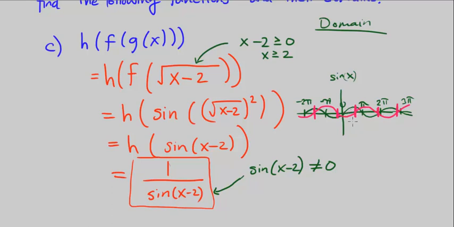So this point is x equals 0 plus 2. This point, x was pi, and we added 2. This point, x was 2 pi, and we added 2. So if you can see, we're just taking all multiples of pi. I'm going to write it next to here.